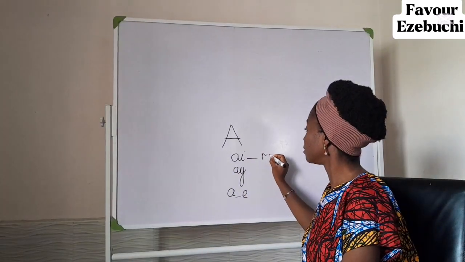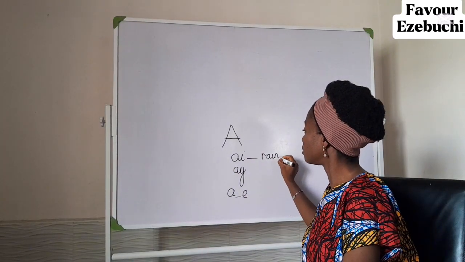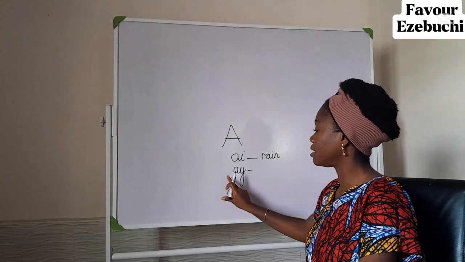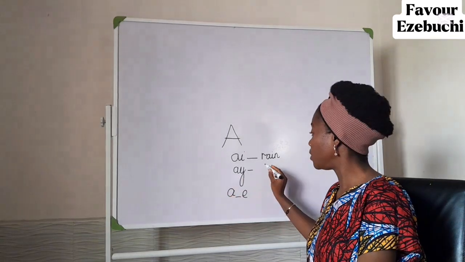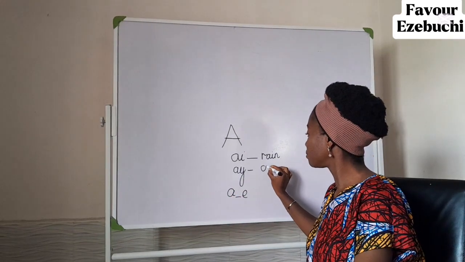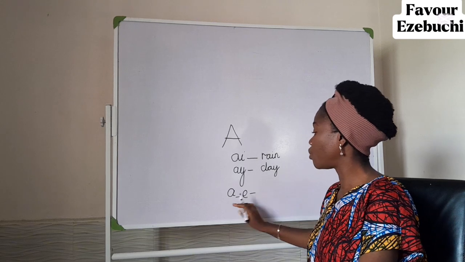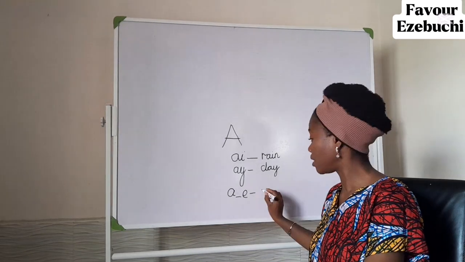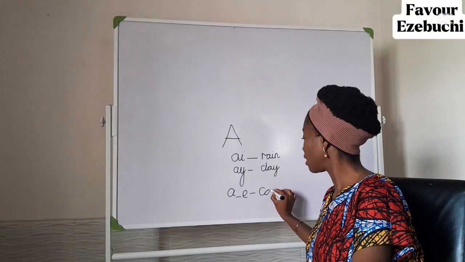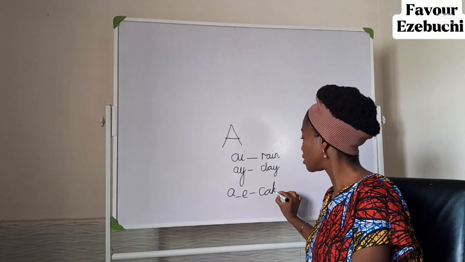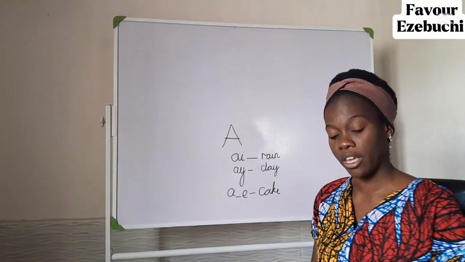An example for this one is rain. An example for A can be clay. An example for this one can be cake, like the cake you eat. So can you see?